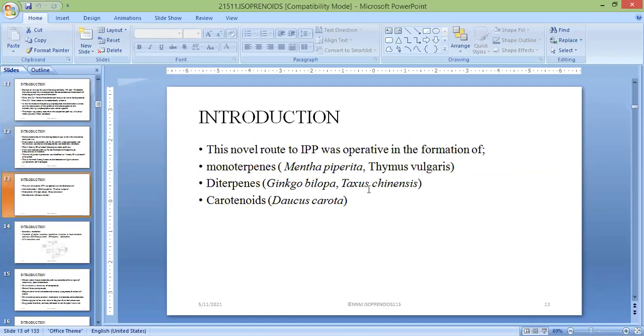For the diterpenes, we have ginkgo biloba, the most important one in that class. Ginkgo biloba is especially used for Alzheimer's and dementia. It has a role to play in memory because it increases blood circulation to the brain.